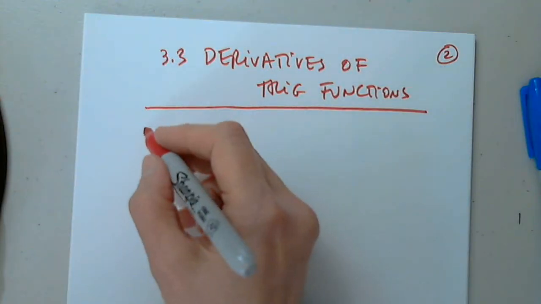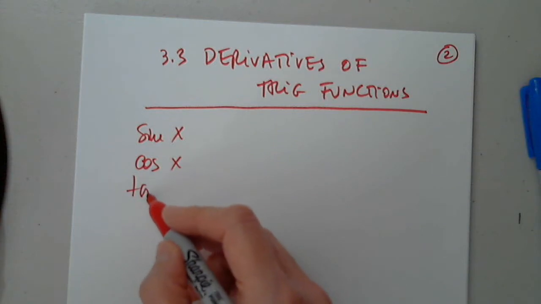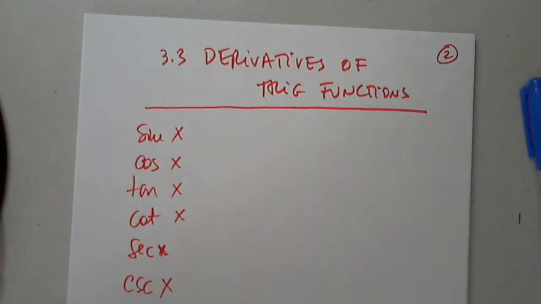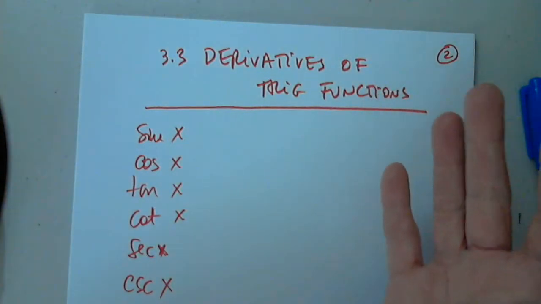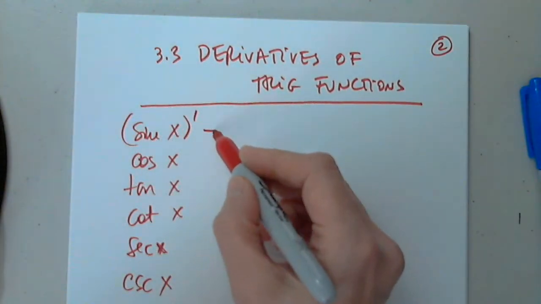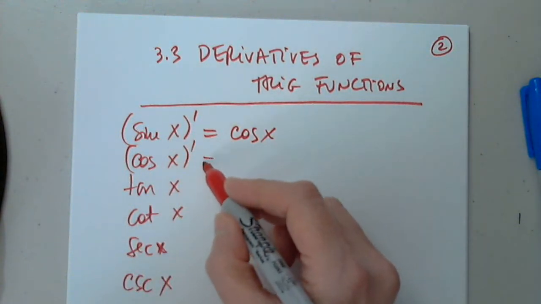So we're looking at sine, cosine, tangent, cotangent, secant, cosecant. And we can prove any of these if you'd like. It's a long proof, doable with trig identities, etc. But I would like to move ahead, and if you decide to, just let me know.